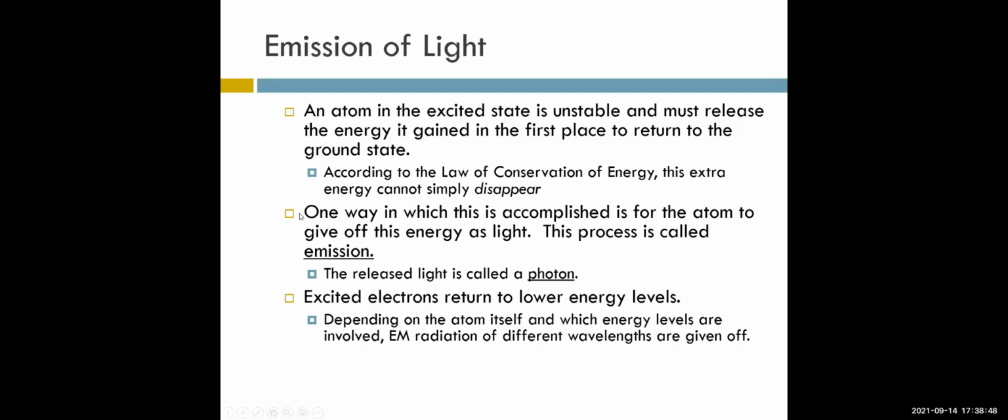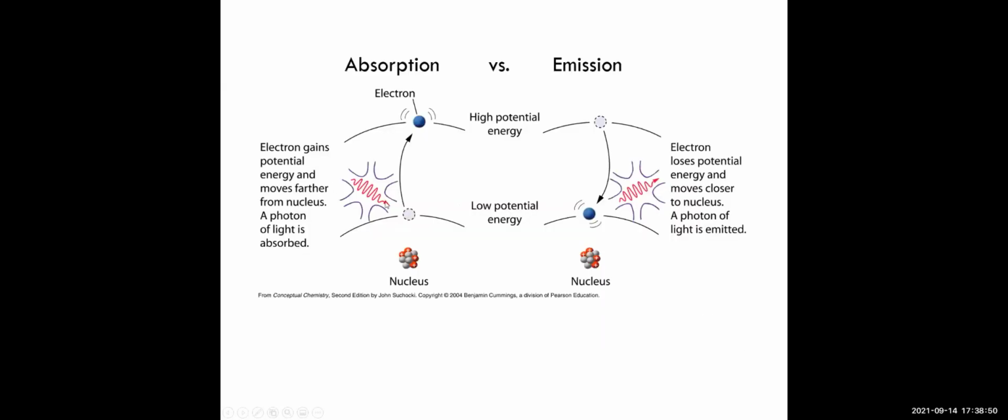So if you had to put energy in to get the electrons to jump, to excite them, energy must be released when the electron falls back into the ground state. We call the absorbing of energy absorption. And when it falls back, we call it emission, because at the same time the electron falls back, it shoots off a photon of light.